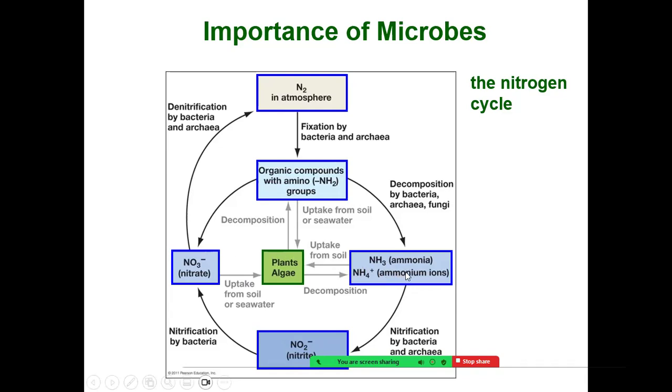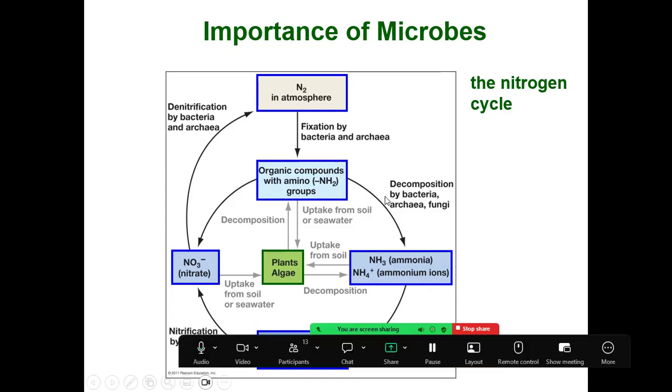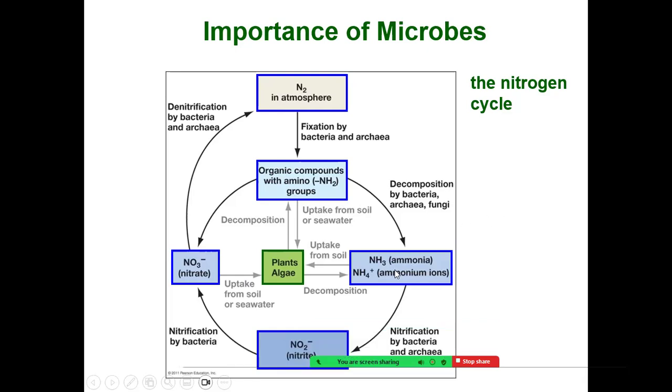And then the ammonia or ammonium can be converted by bacteria and archaea into nitrite. That's NO2 minus. NO2 minus, nitrite. The nitrite can be converted by bacteria into nitrate, NO3 with a negative charge.